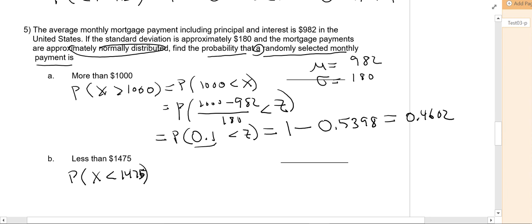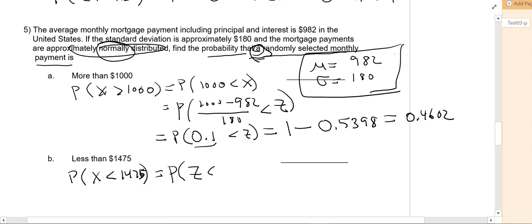For B, same problem, the probability that X is less than 1475. Again, the important thing to note is I'm working with a member of the population that is normally distributed. I need to work with the mean and the standard deviation to get me to the table, correct? So this is 1475 minus the mean divided by the standard deviation.